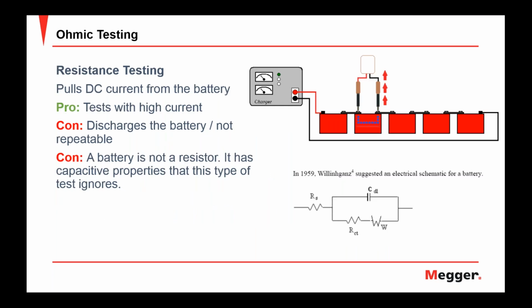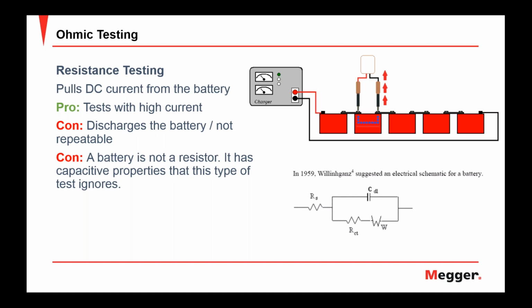Now, they all have their pros and cons. Okay, resistance testing. One of the pros of resistance testing is it tests with high current. But one of the cons is it also pulls that current from the battery. So it pulls a lot of current from the battery, and it starts discharging the battery. Now, the problem is, what happens if you were to slip on this reading and you have to retake it?